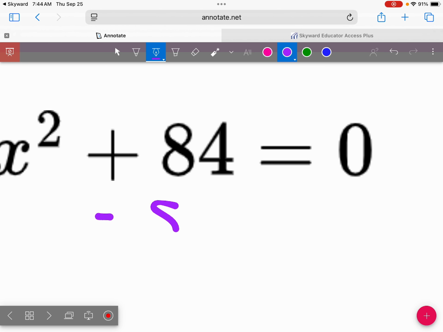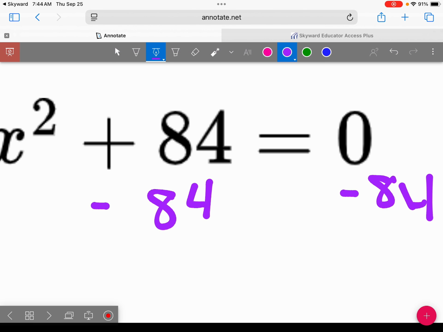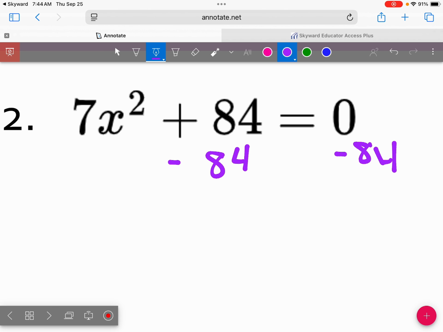Minus 84. I want to get to an x equals, so I need to get my x by itself. That means I need to get my x squared by itself first here. So that gives us 7x squared equals negative 84.